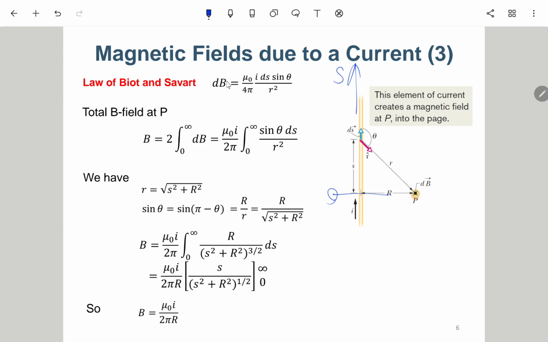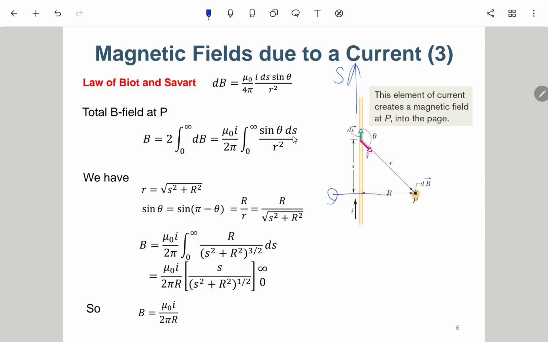Mu naught over 4 pi is a constant that we can put out, and the 4 and this 2 cancel, so we only have mu naught over 2 pi. I is also a constant, and then ds, sine of theta and r squared are inside.